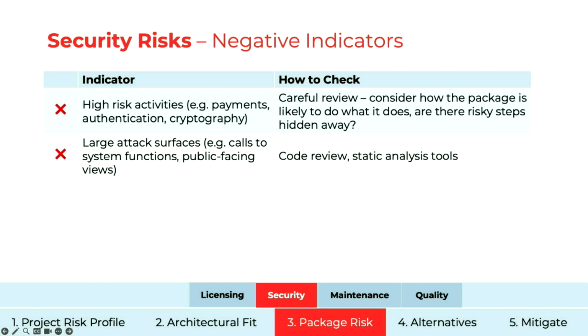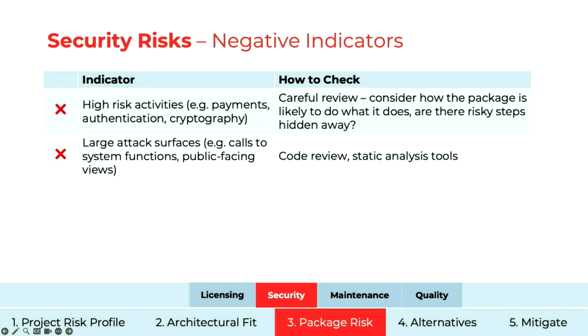So any vulnerabilities in there are more likely to be found and exploited. So do a careful review, consider how the package does what it does. Some high-risk activities can be hidden in the background. So really do a deep dive and think hard about what those packages are actually doing, and whether there is anything in there that's likely to be dangerous.